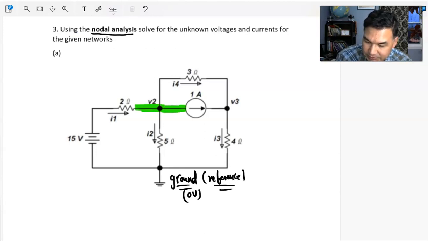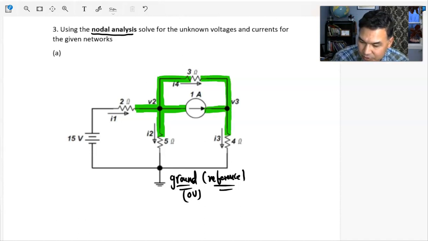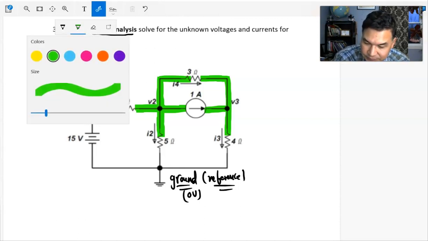One is this, because these are all connected, so this is V2, one of the unknown voltages. The next unknown nodal voltage is right here, V3. Is this one unknown? No, because it's at 15 volts with respect to ground. So you have only 2 unknown voltages, V2 and V3, and that's what we're going to find using Kirchhoff's law.